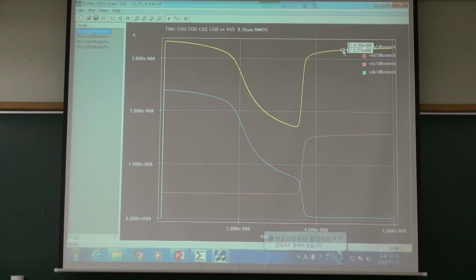So it's around 30 femtofarad, okay? 30 femtofarad, the total gate capacitance for 10 by 0.7, okay? This Y value is multiplied by 10 to the minus 8. Question? Okay, let's stop, pause.